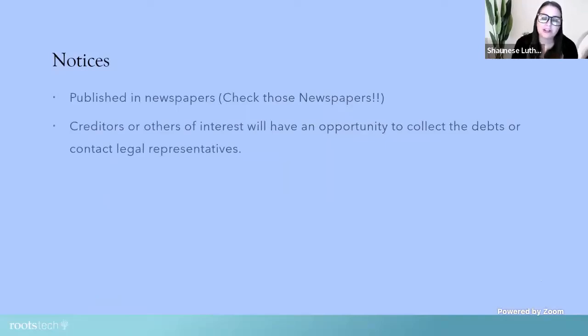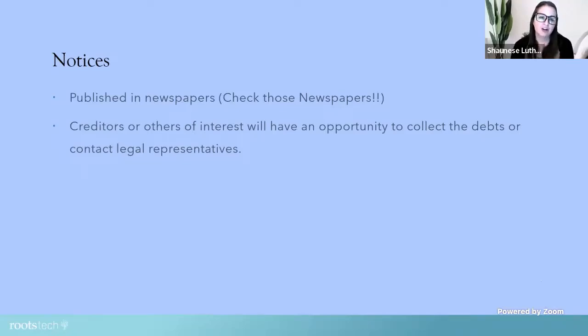Notices are, now this is so important, published in newspapers. And I'll talk about newspapers later on, but check out those newspapers because you will be able to find the notices of the deceased property.